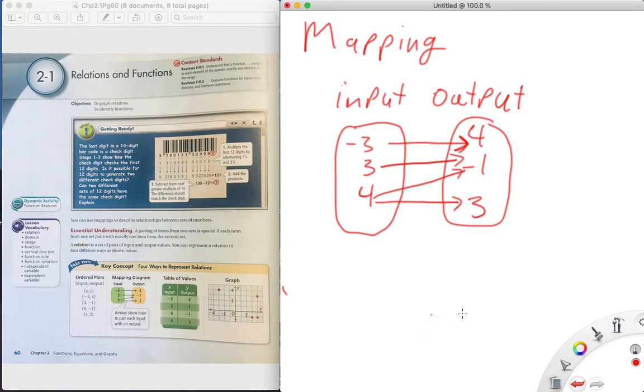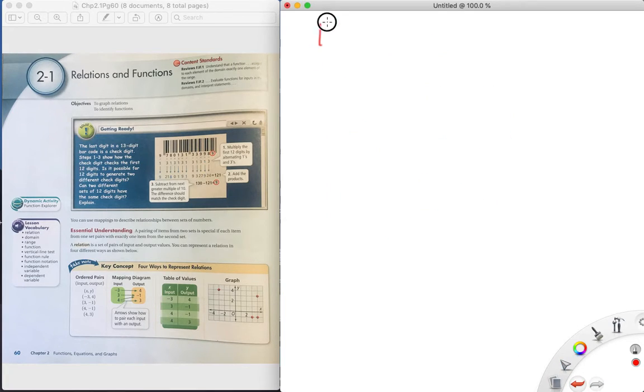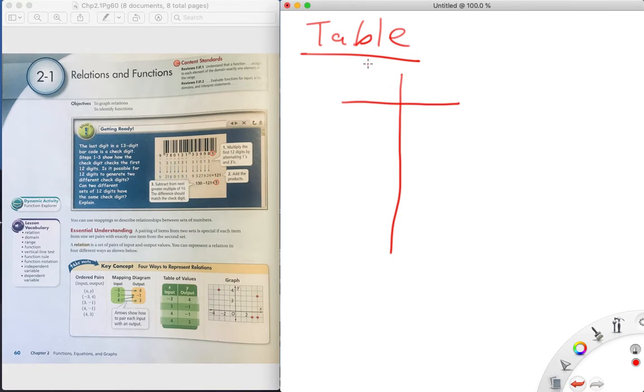And the other way of showing a relation, and my favorite way, is to make a table. The way that I do it, I do a T-chart. So you have our X, which is our input, and our Y, which is our output.